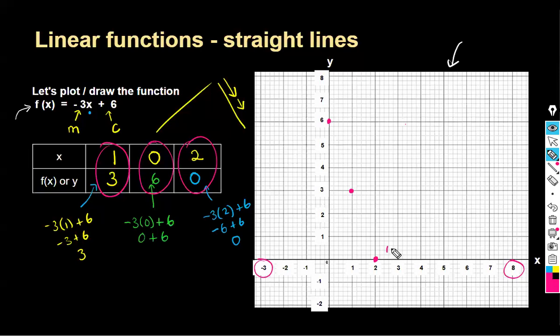Let me put in all the points here. 2, 0; 1, 3; 0, 6. Look at it. If I connect this, the graph is sloping how? Downwards. And if I continue this graph, like continue the pattern, which I'm supposed to do, you notice it's not only sloping downwards, but it's slicing the y-axis exactly on 6.